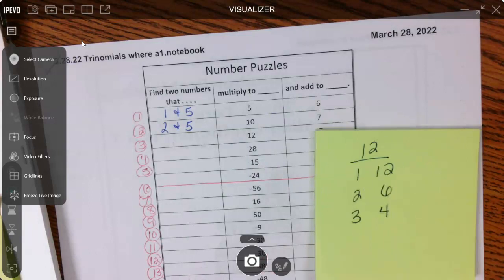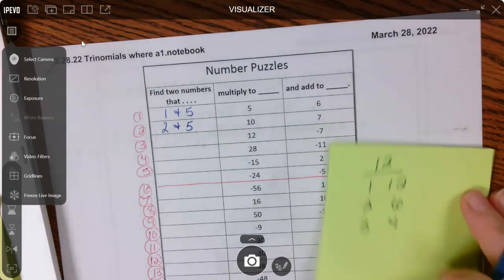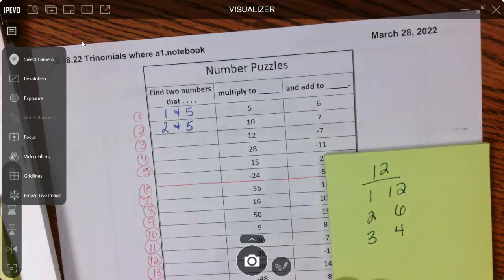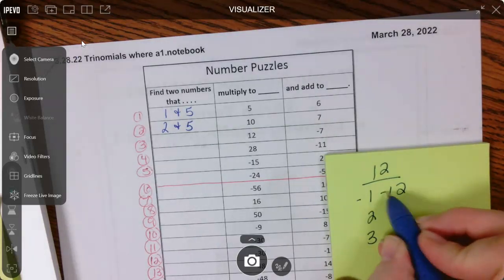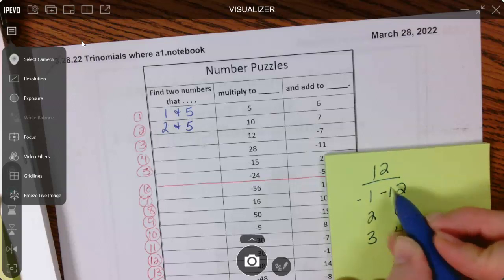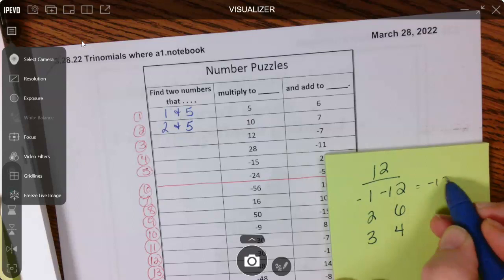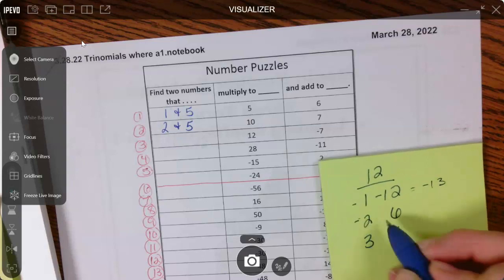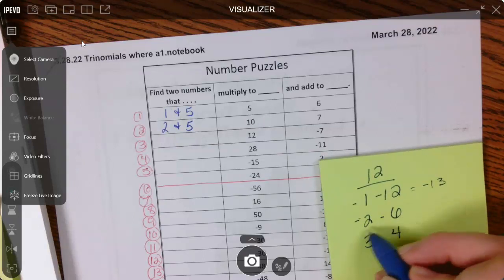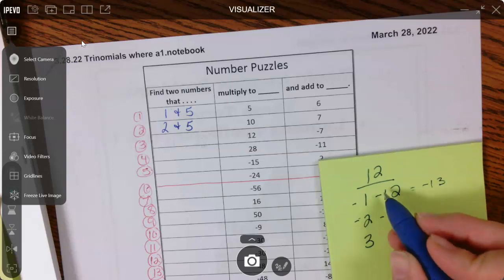Now, we want them to multiply to give us 12, but we want them to add to give us negative 7. So if we make both of these negative, negative 1 times negative 12 gives you 12, but it adds to negative 13. Negative 2 and negative 6, again, they multiply to give you positive 12.